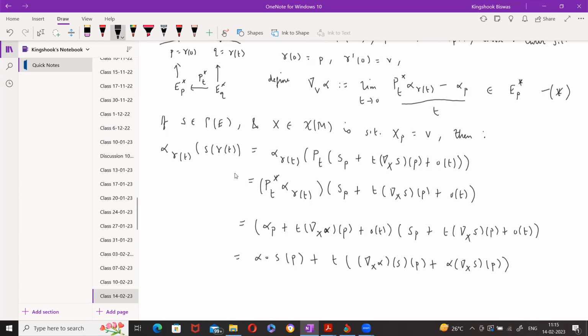And then the little o of t acting on all the other terms will give me something which is little o of t.